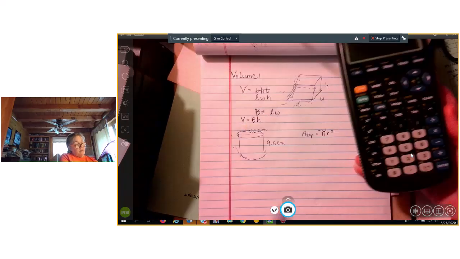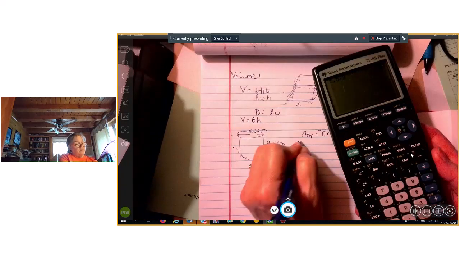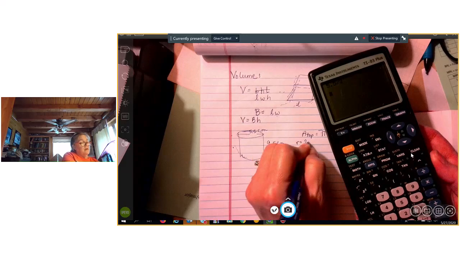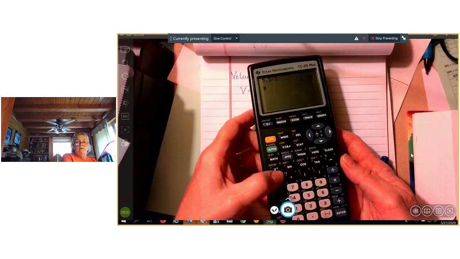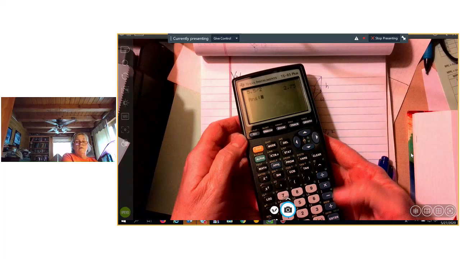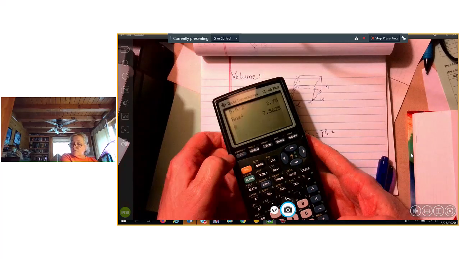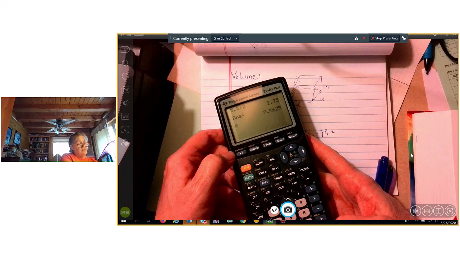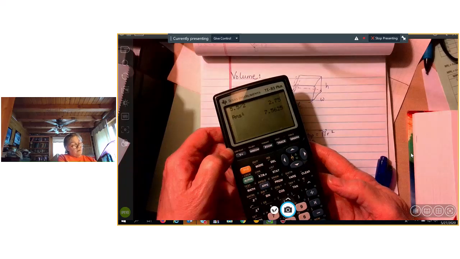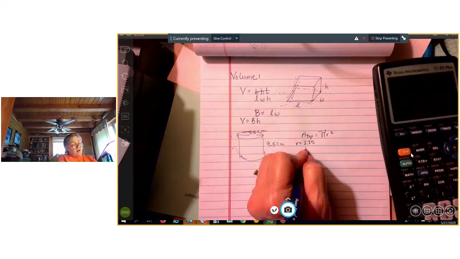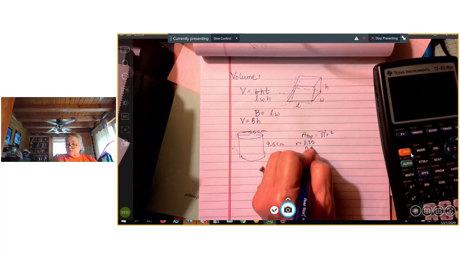So my radius here is, the radius equals 2.75. Now I'm going to square that, and that gives me 7.5625.